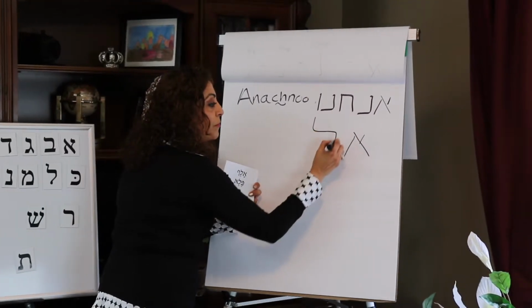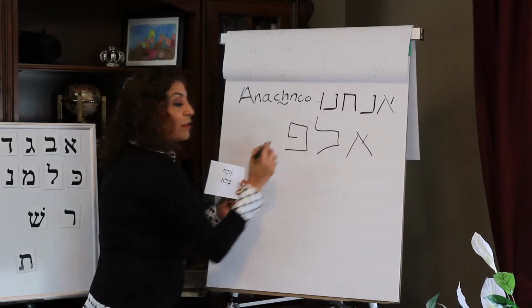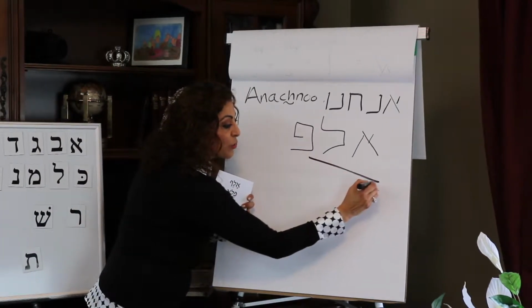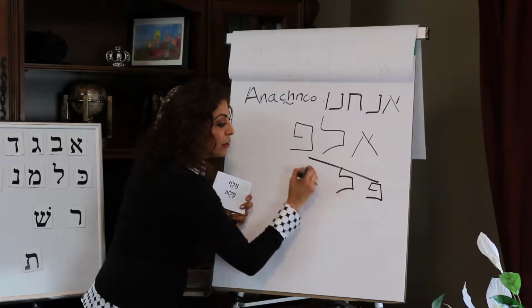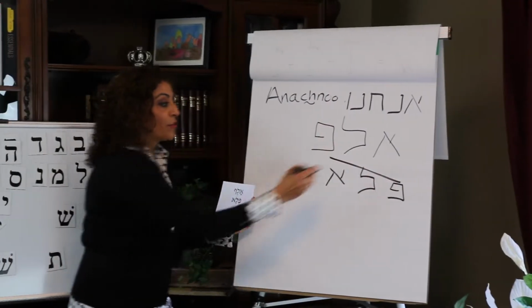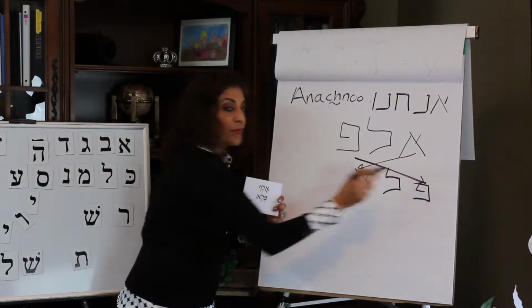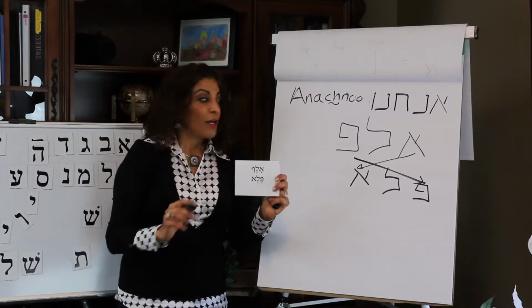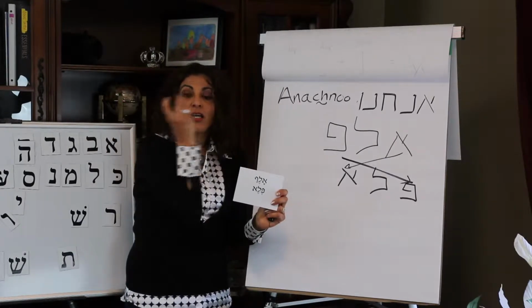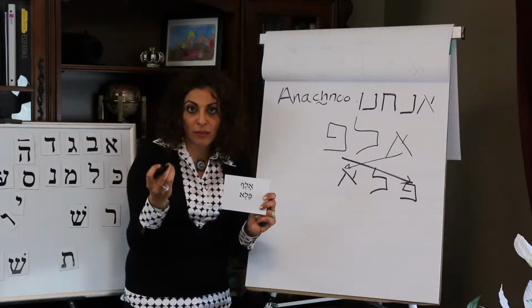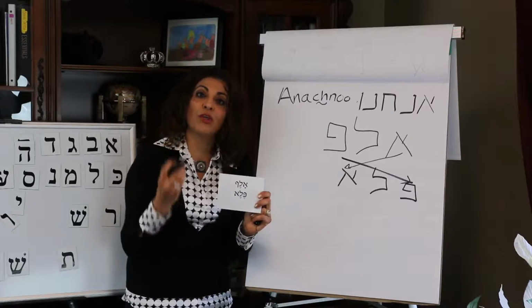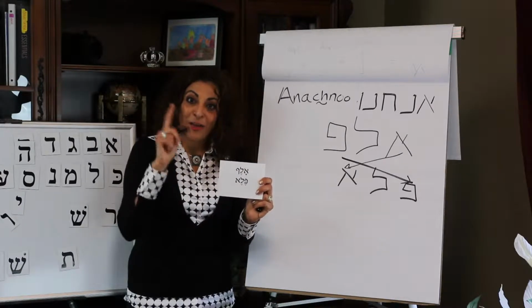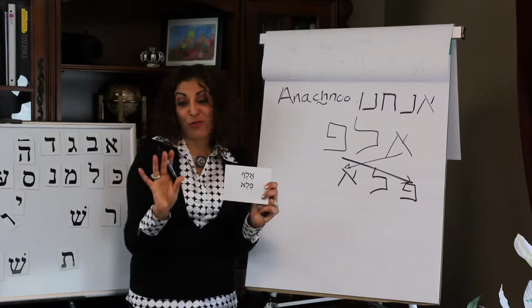Aleph is the first letter, but if you do it backwards, you flip the letters, you get concealed. The name of God, the concept of God, is concealed from the view of the mind, of the eyes of a human being.